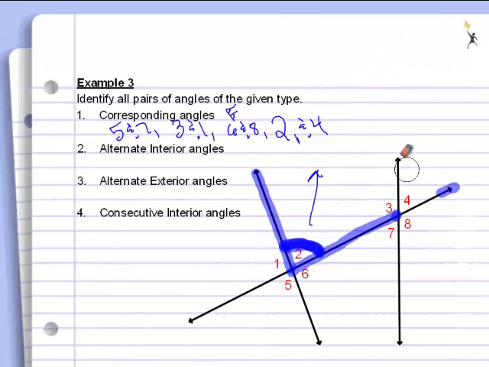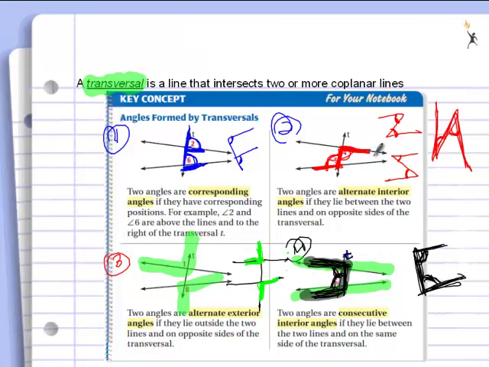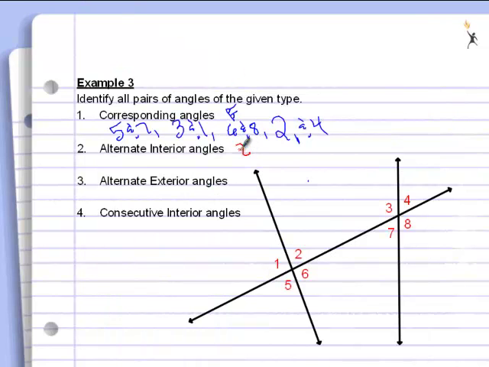Now I'm going to go to number 2 and see if I can identify some pair of alternate interior angles. Now, alternate interior angles, I remember, form a Z. So I'm going to come back over here and draw a Z. Actually, I shouldn't have done it like that. And so now I need to try and find Z's.